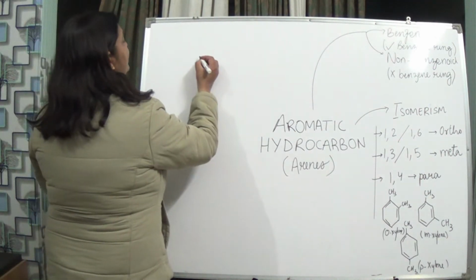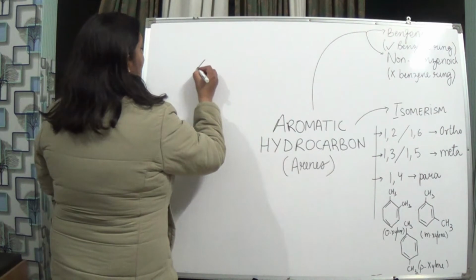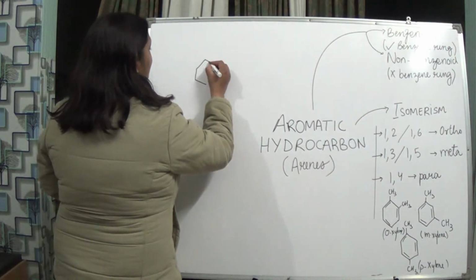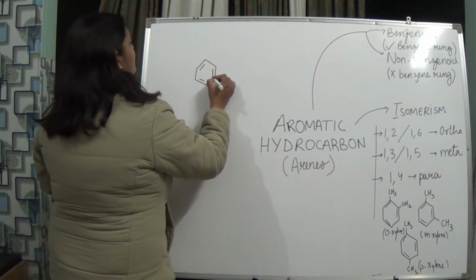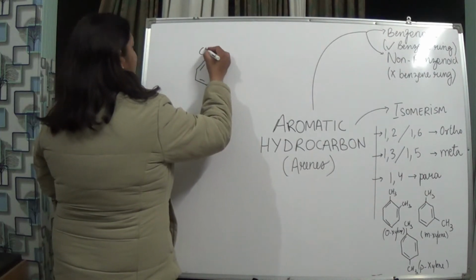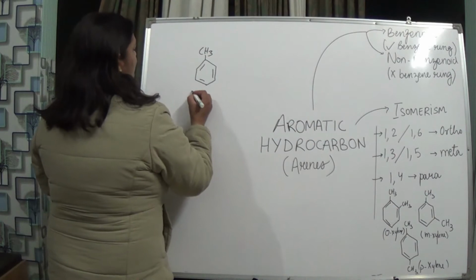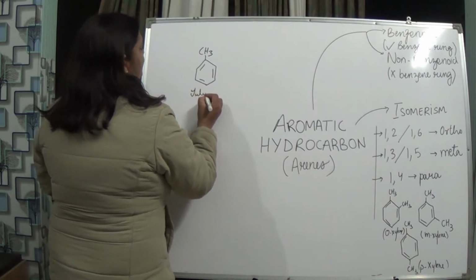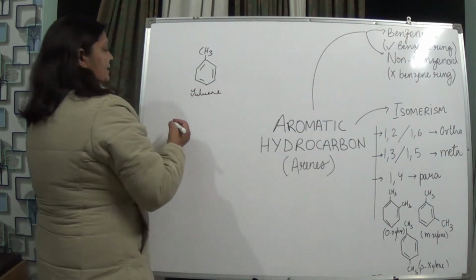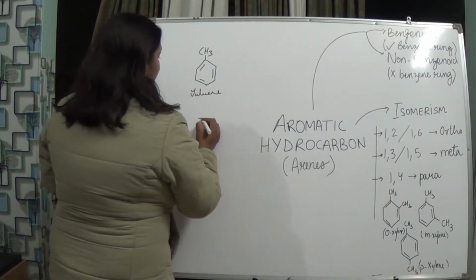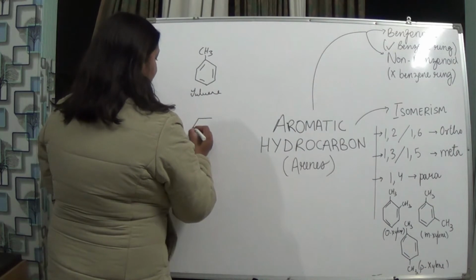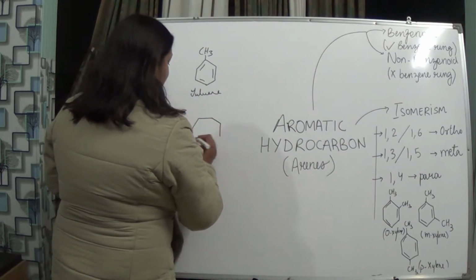For benzenoid, we can take toluene. So this is basically a benzene ring, and what is attached? CH3. This is toluene. And if it is a non-benzenoid one, it will not consist of a benzene ring.